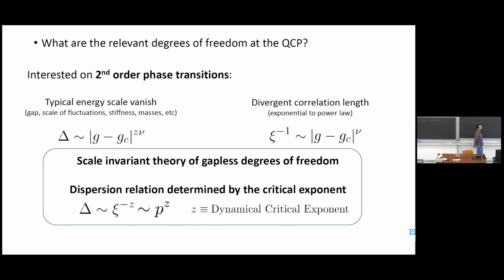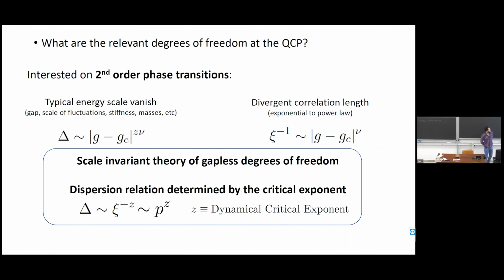On the other hand, there's a correlation length, which essentially modulates the exponential decay of the correlations. And we know that at the critical point, it has to diverge with a prescribed power law, signaling the transition from short range to long range correlations.